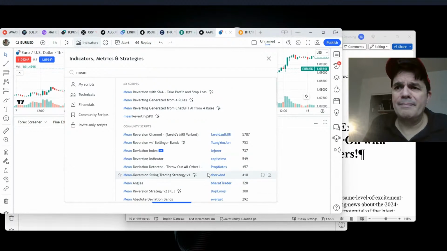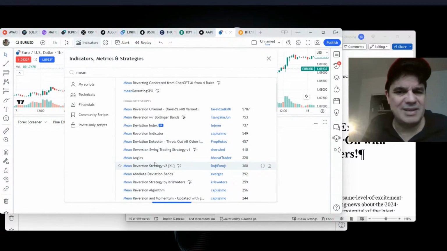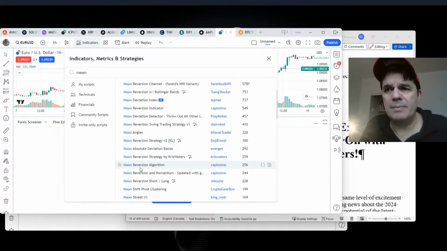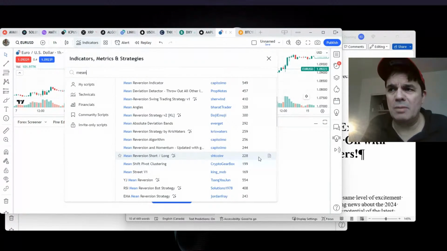Let's see, any requests, mean reversion. That one didn't work. So these are all quant kind of stuff that I'm showing. Mean reversion algorithm. Maybe mean reversion short long. Maybe no. So that one doesn't have source code right here.